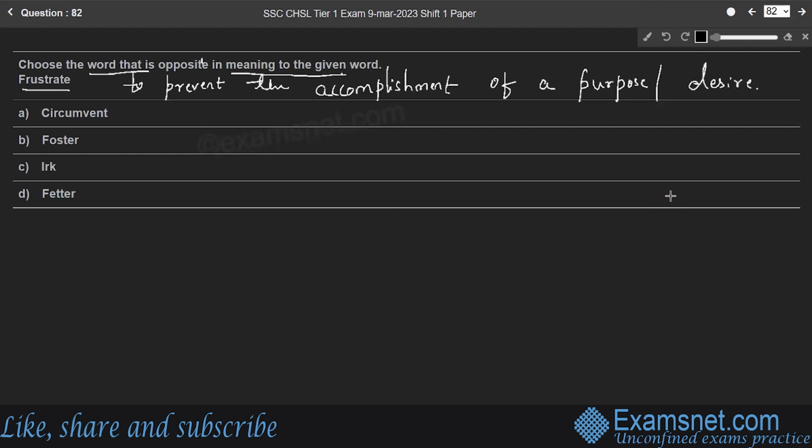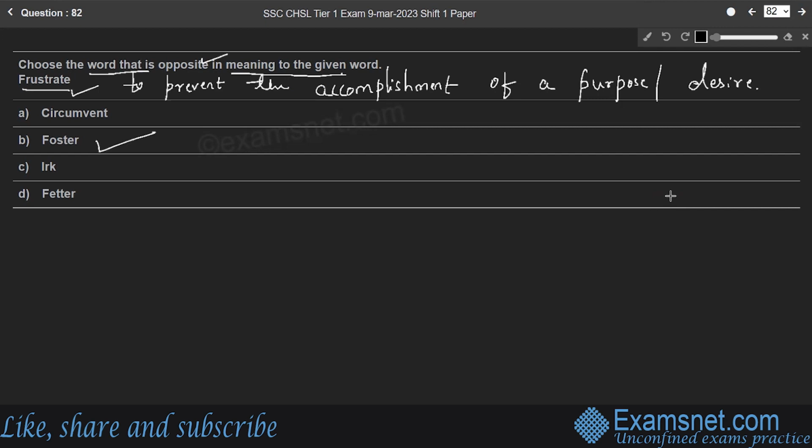Right? So the opposite meaning of the given word frustrate is foster. Foster means to encourage or promote the development of something such as a relationship, idea or feeling. So option B is the right answer.